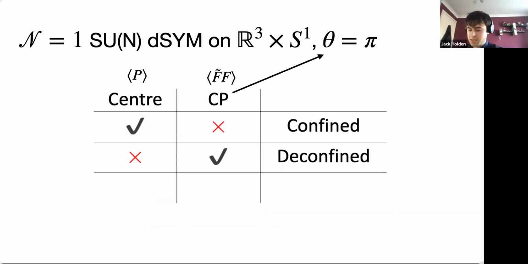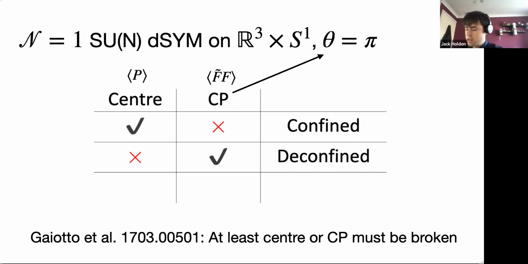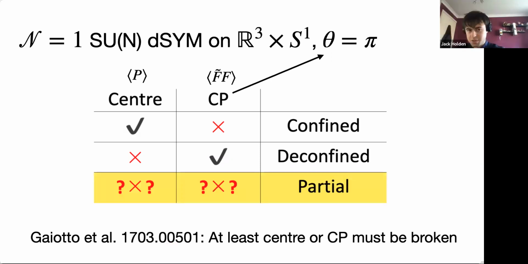In the deconfined phase, center symmetry is broken, while it has unbroken CP symmetry. And there's also this anomaly from this famous paper, which says that at least the center or the CP symmetry must be broken. So it's natural to conjecture that the partial phase will be characterized by both of these symmetries being broken.